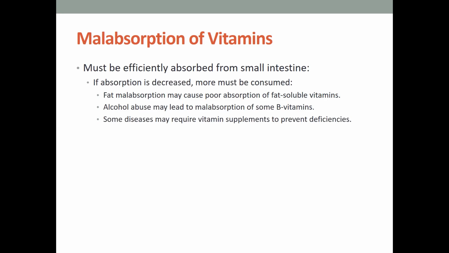We know that alcohol abuse interferes with many of our B vitamins, so that may lead to malabsorption of those B vitamins. And we know that some diseases may require vitamin supplements to prevent deficiencies, and we'll point that out as we go through all of them.